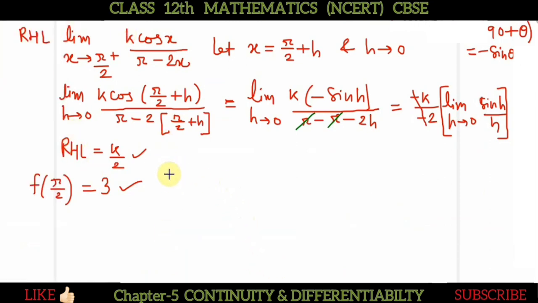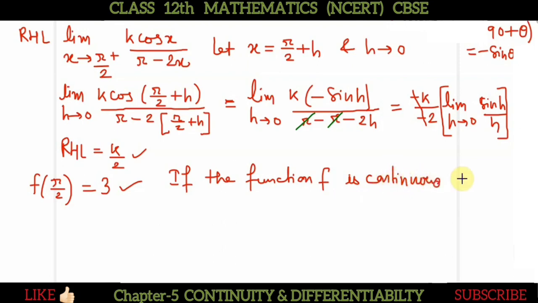If the function f is continuous at the given point x equals pi by 2, then limit x tending to pi by 2 of f x should be equal to f of pi by 2.